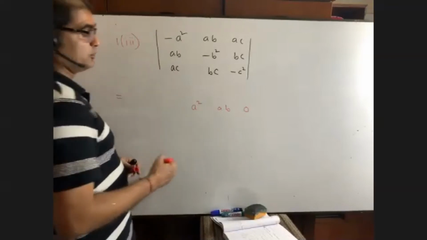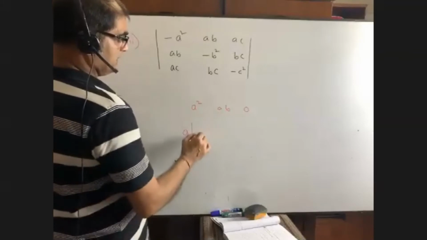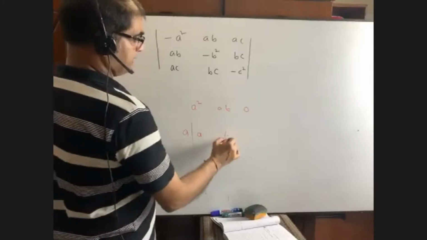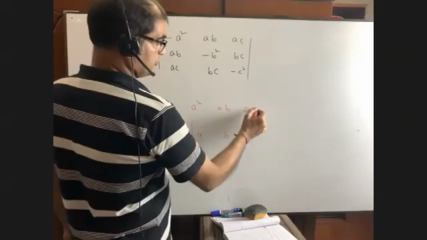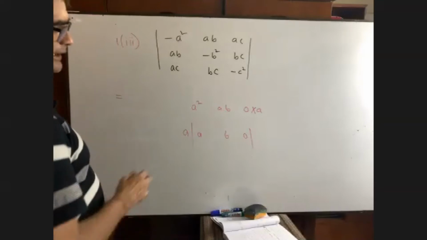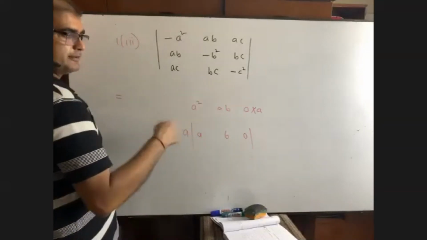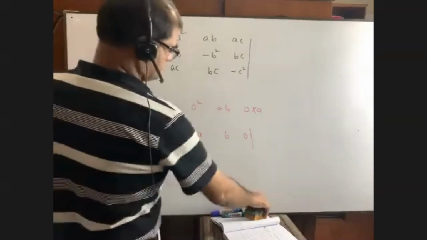There is something common here. I can take common here A, suppose. Then we will be left with A, it is B, it is 0. Because 0 means what? 0 into A. Now I can take A common. Am I right? Yes, sir. Okay, that's good.